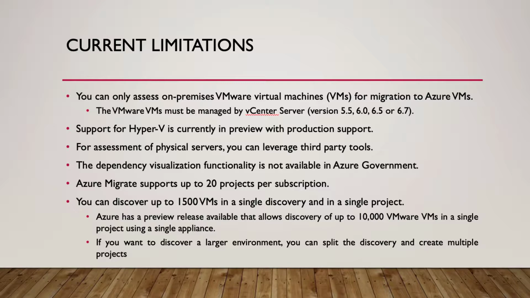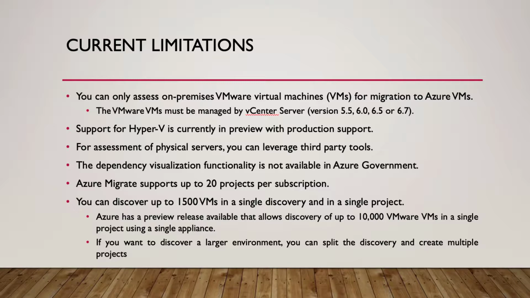Azure Migrate supports up to only 20 projects per subscription. Good news is you can break down your migrations into smaller size projects and do them at once. But then the maximum you can do is going to be 20 per subscription. You can discover up to 1500 VMs in a single discovery and in a single project.